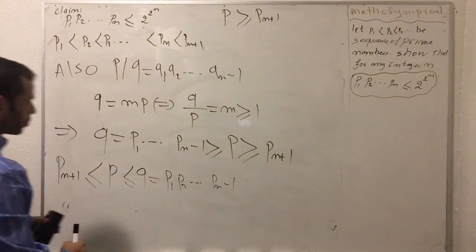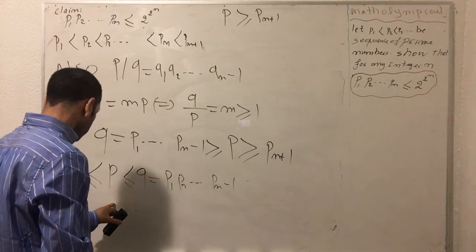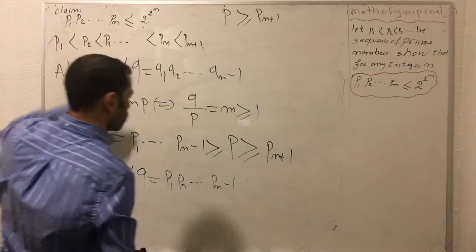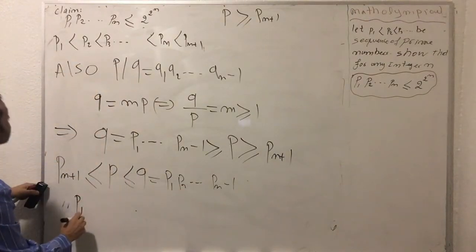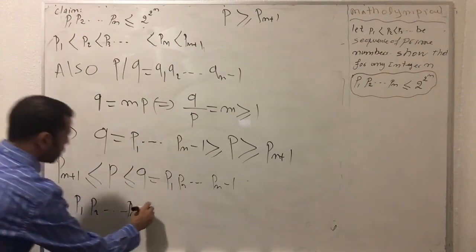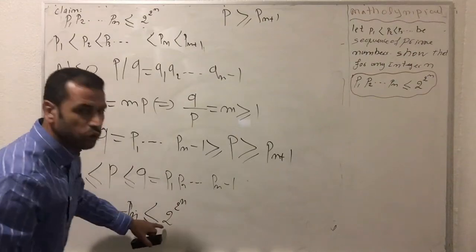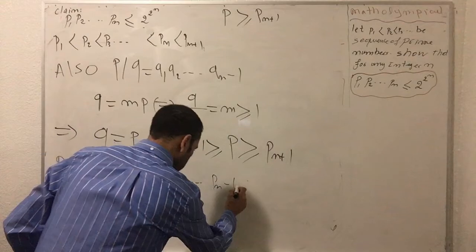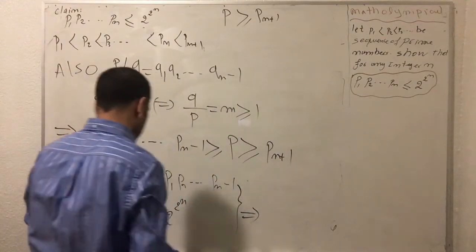What does this mean? By induction, as you see here, we have P1, P2 through Pn less than or equal to 2 to the n, because we suppose this one is true. What does this mean?